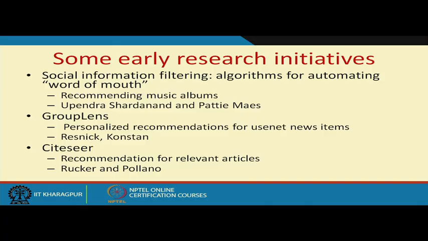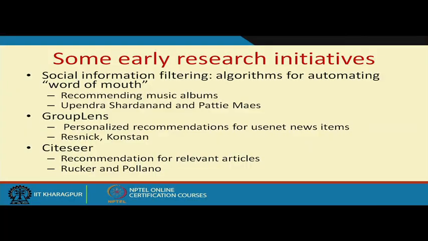Okay. In this regard, let us look at a few early initiatives that happened in the field. In fact, the very first recommender system, around the 90s, probably 94, 95, came out as research from MIT's Media Lab.